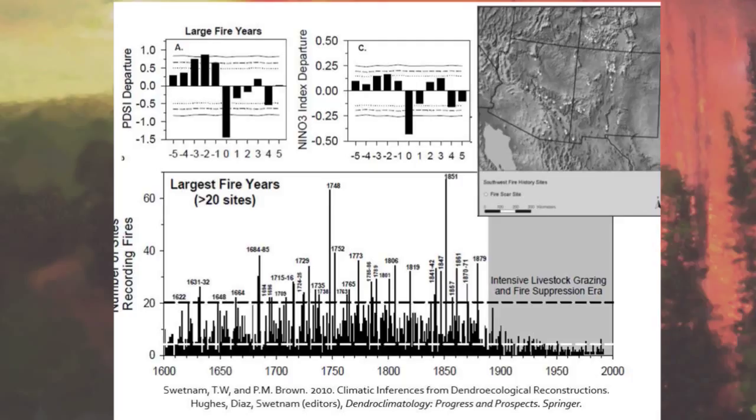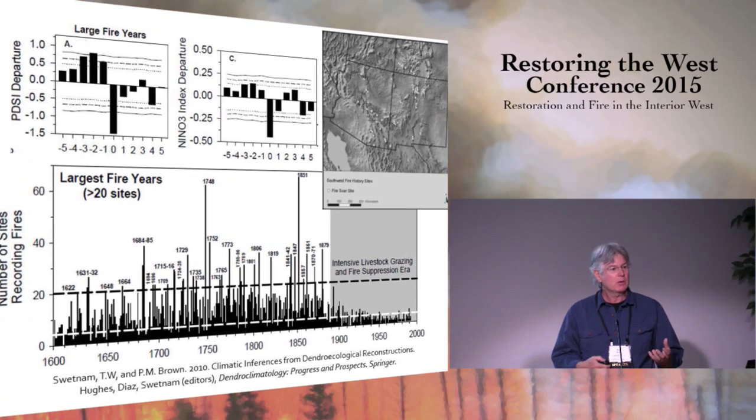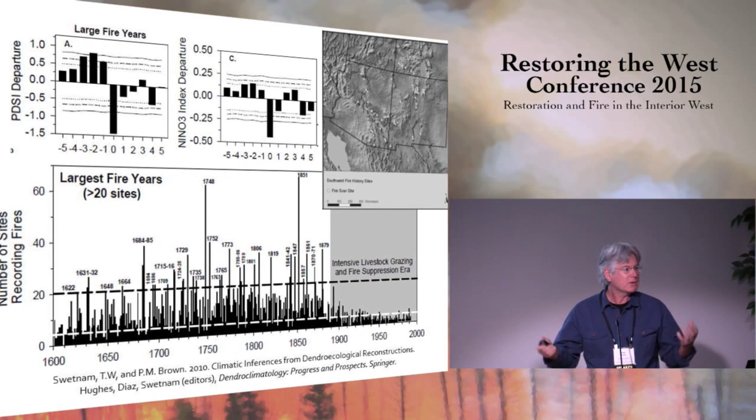So that's the average condition. Drought years, I mean, it's not rocket science. But one thing that we see in a lot of cases is that prior years were wet years. It's fuel build. These are grass, fine fuel driven fires. So you get grass fine fuels built up during wet years.